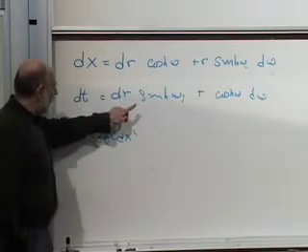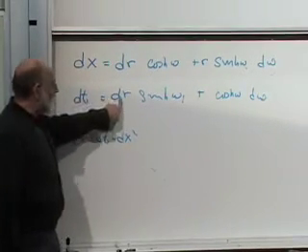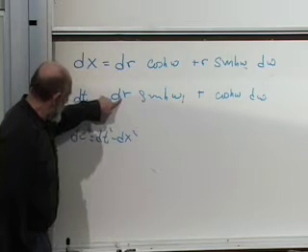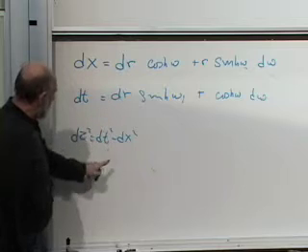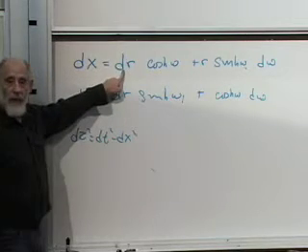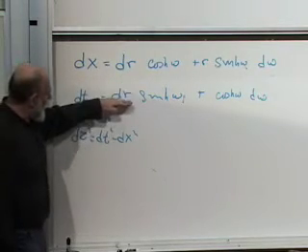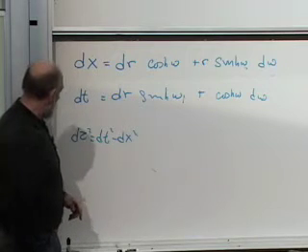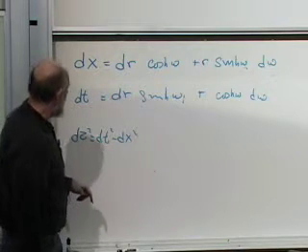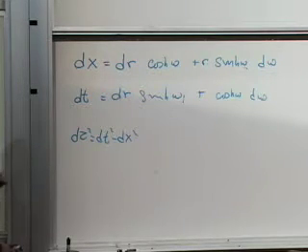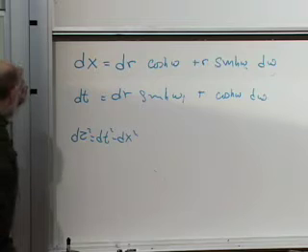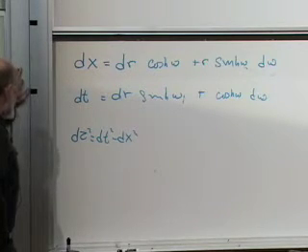From dt squared, we're going to get a dr squared. But then from dx squared, we'll also get a dr squared term. I've got to be careful here, I've got to keep my negative sign straight. d tau squared equals dt squared.